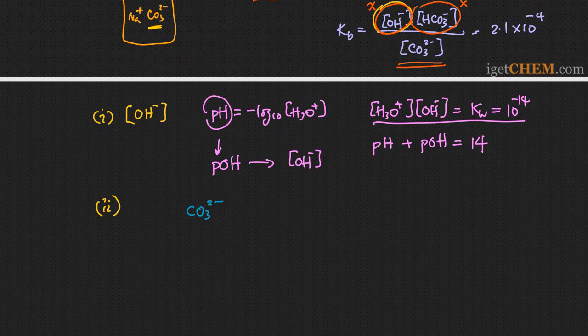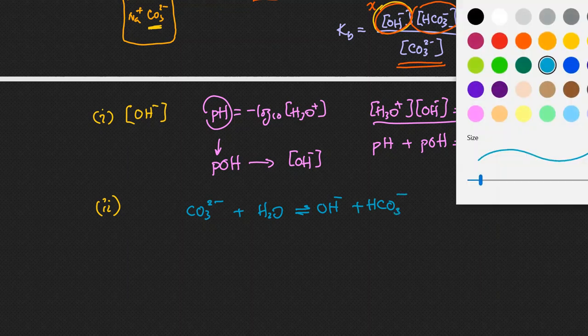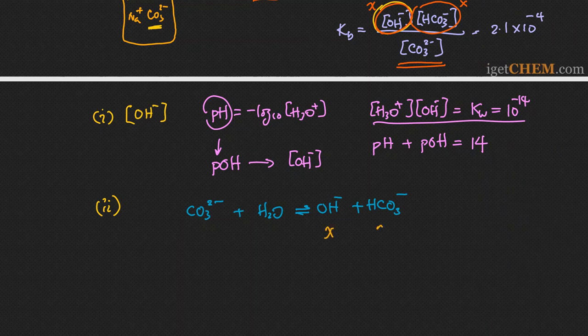CO3 minus plus H2O going to OH minus plus HCO3 minus. So you see in this case, I know that this is X and this is X. So whichever the original concentration of the CO3 minus, after the reaction proceeds to equilibrium, you know that this is the original concentration minus X.